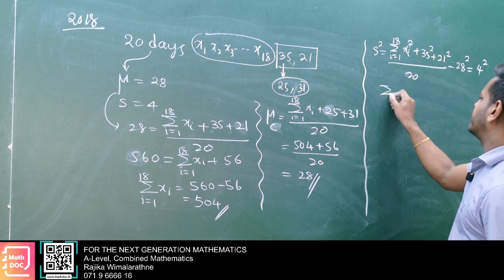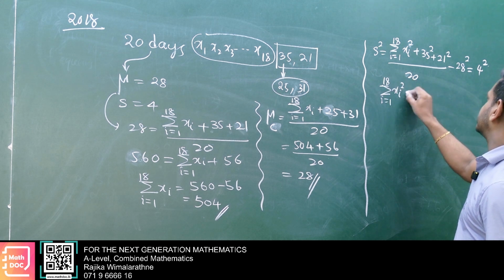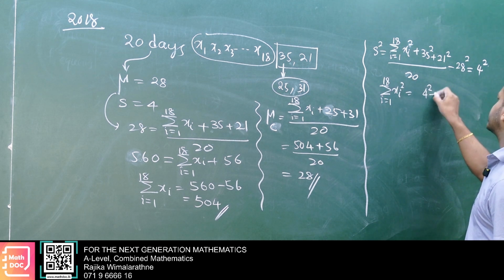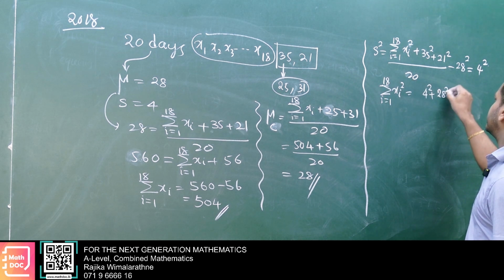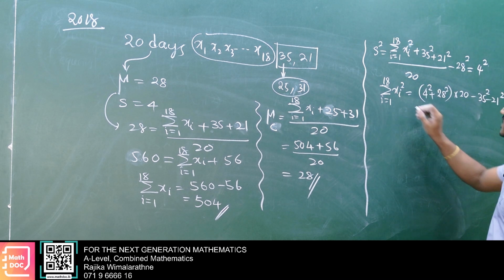Then sigma i equals 1 to 18 xi square equals 4 square plus 28 squared into 20, minus 35 square minus 21 square.